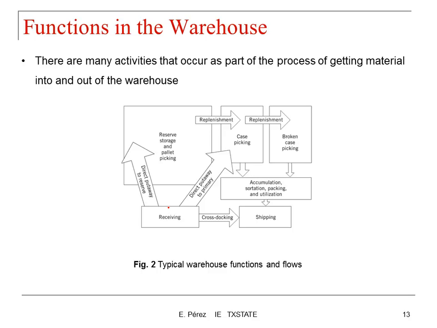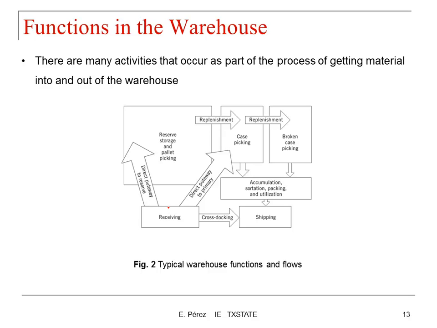You have a receiving area that directs put away to reserve, which means you can put some items in your warehouse and keep them there until the demand for those items comes, or you can also direct them to primary case picking, where the actual operation of putting together the orders happens.